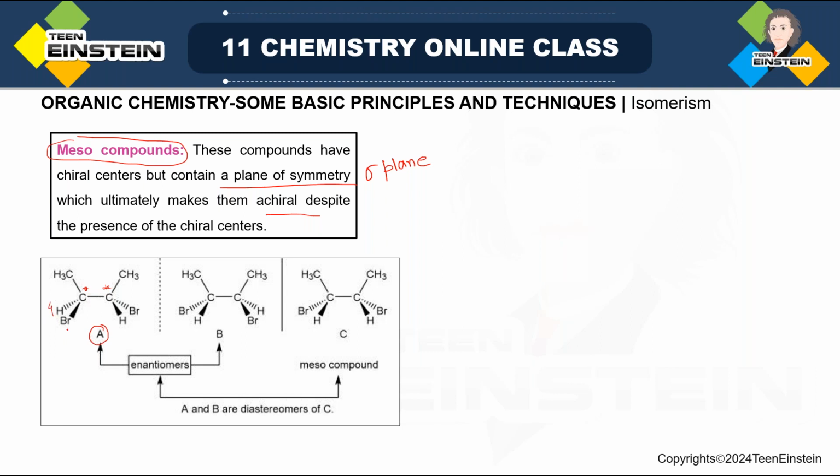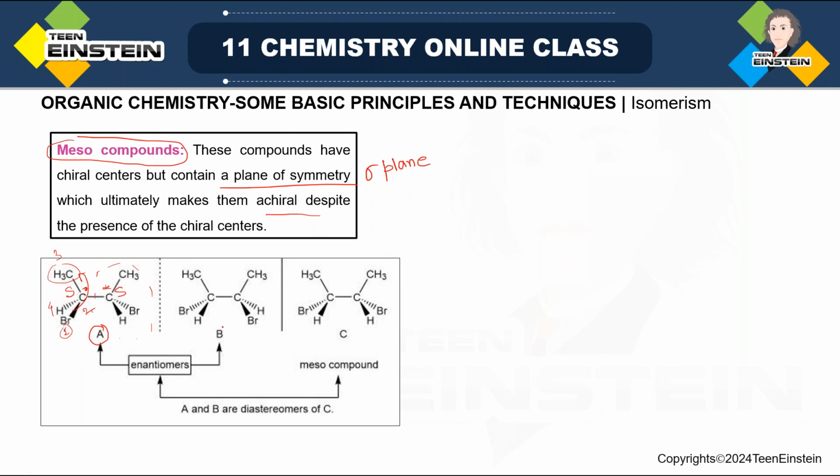Hydrogen is 4. Bromine should have number 1 priority. This whole group will have number 2 priority, and this will have 3 priority. Moving 1 to 2 to 3 is anti-clockwise, and that is why it will be S. Now the other chiral center will also be S. You can also check it yourself.